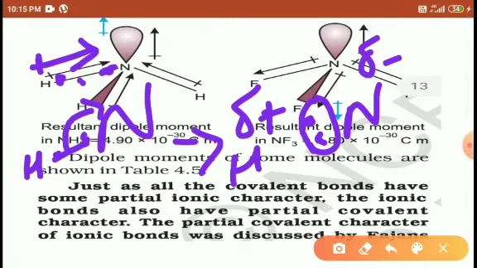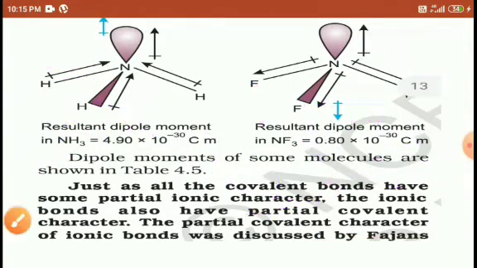So in the covalent bond, the pair of electrons is present here, it is a covalent bond, but a charge is developed: hydrogen positive, nitrogen negative. That is the ionic character it is showing.